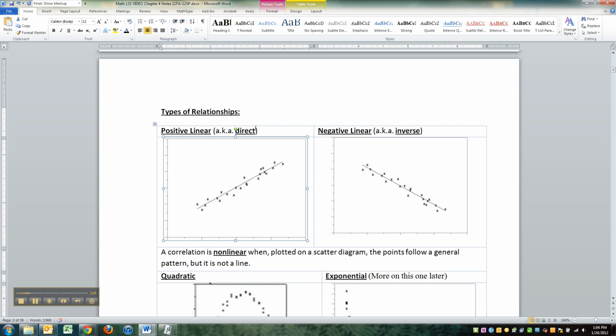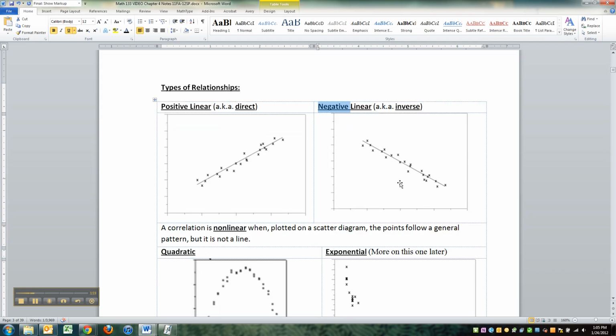Okay. That's called a positive linear relationship. I'll also sometimes call it a direct relationship, right? You learned it in algebra classes, sort of like directly proportional, right? The other one that we're really interested in is negative linear relationships, which is as the x increases, the y goes down.